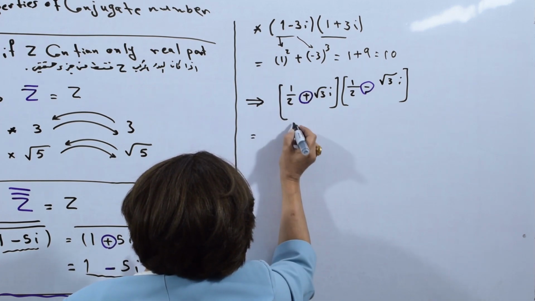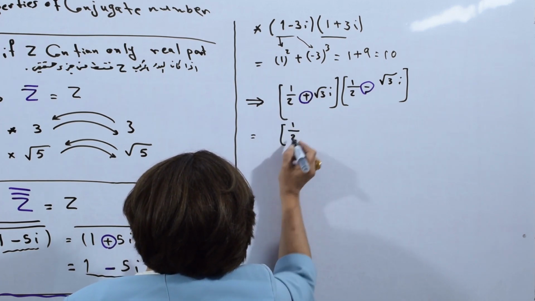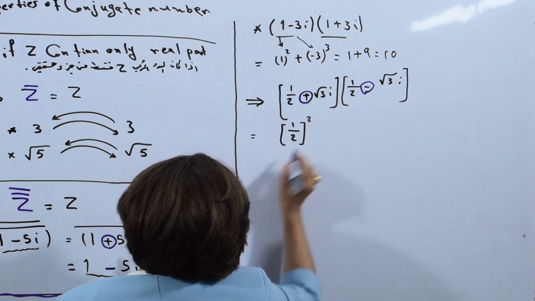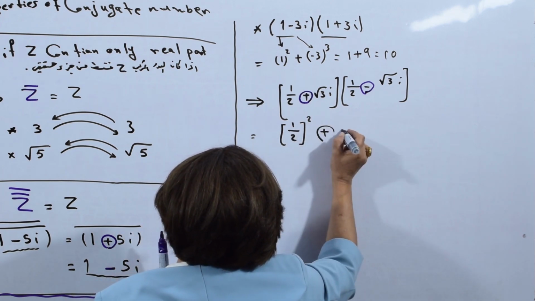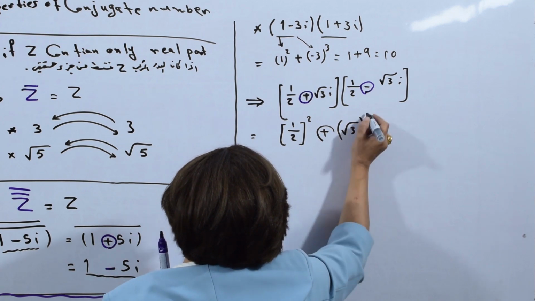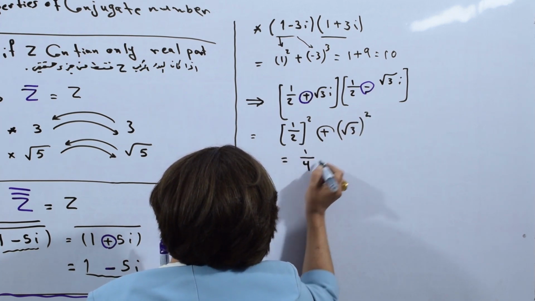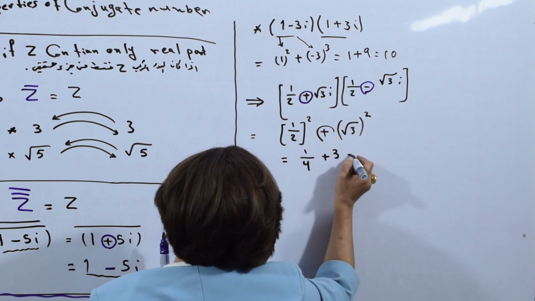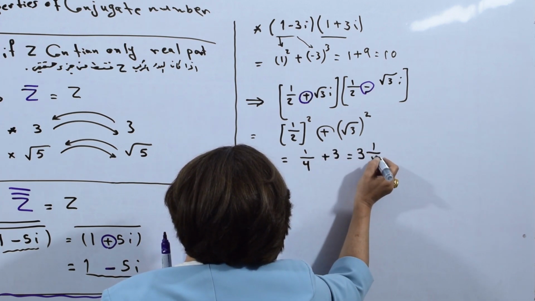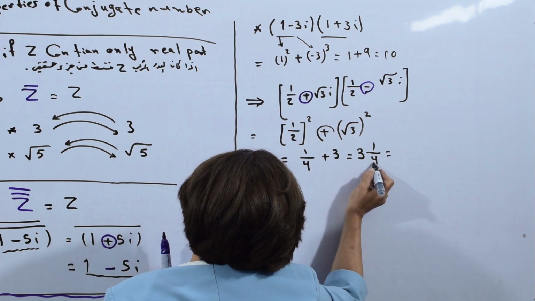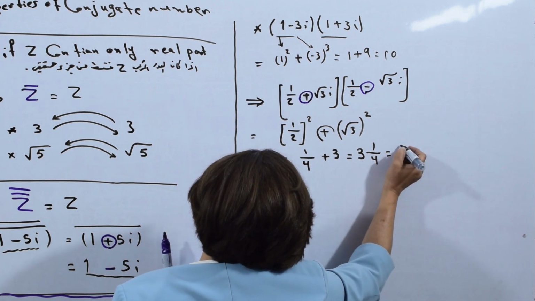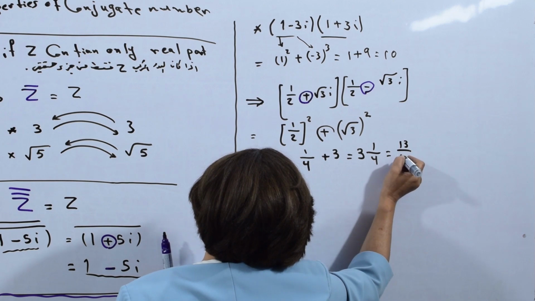I take a squared that means half أخذ الجزء الحقيقي أربعة, plus التخيلي جذر 3 أربعة ينطيني 1 على 4 زائد root of 3 squared give me 3 with 1 above 4. 3 times 4 give me 12 adding 1 give me 13 dividing on 4.